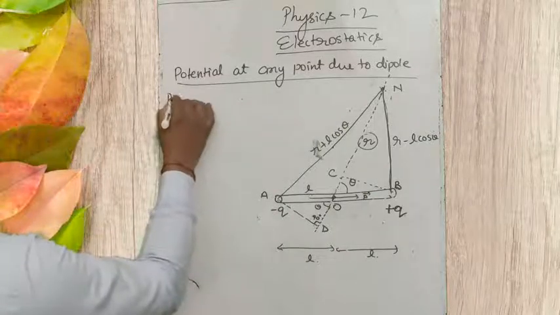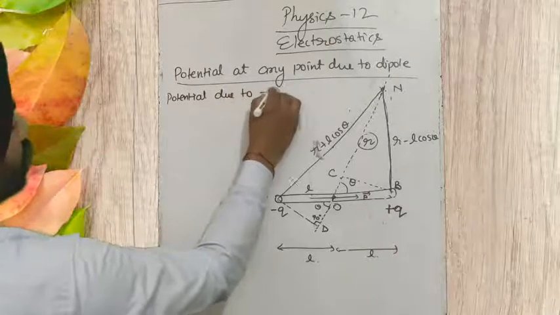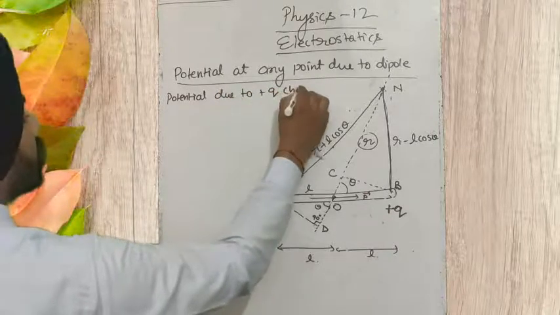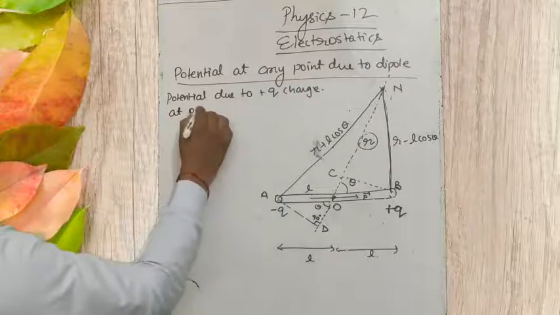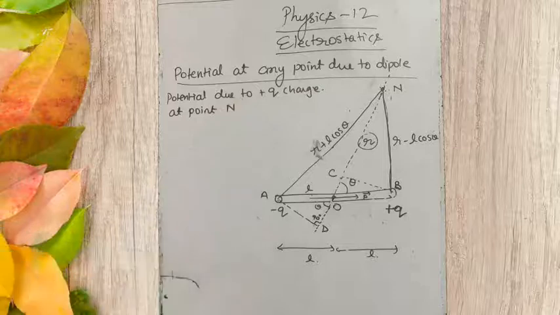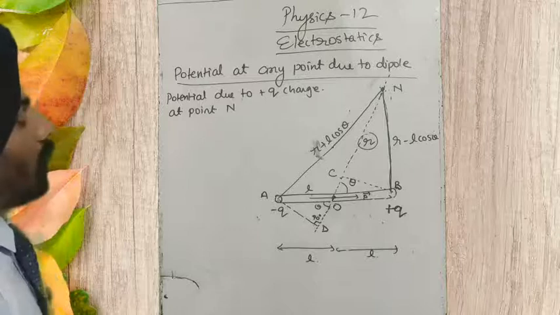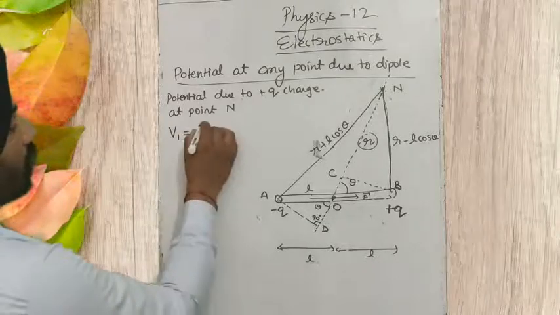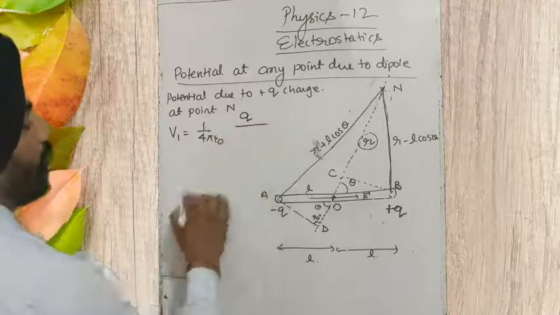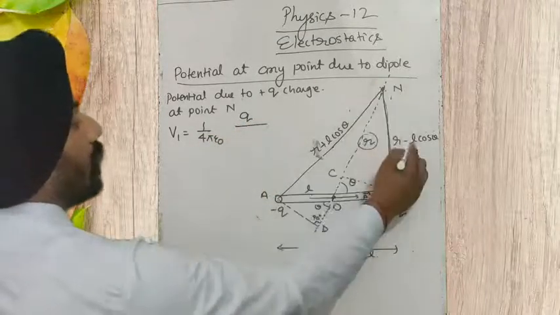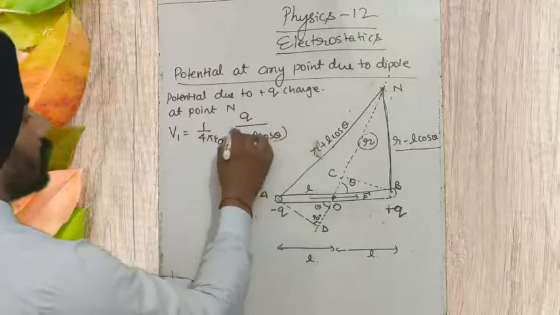So the potential due to plus q charge at point N, V1, will be equal to 1 upon 4 pi epsilon naught, Q upon the distance of plus q from N, which is R minus L cos theta.